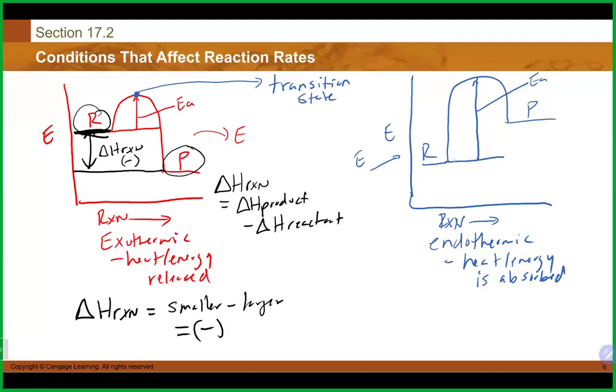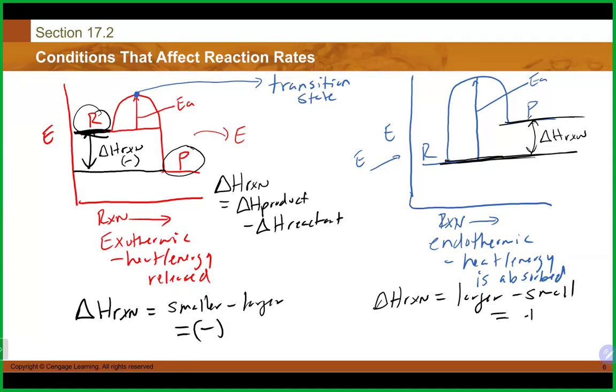Same thing over here. If we look at the difference in the energy of our reactants to our products, that would be our delta H for this reaction. And in this particular case, it is different. Our delta H of our products is actually a larger number than our reactants, which is a smaller number. That is going to yield you, typically for an endothermic reaction, a delta H value that is positive.